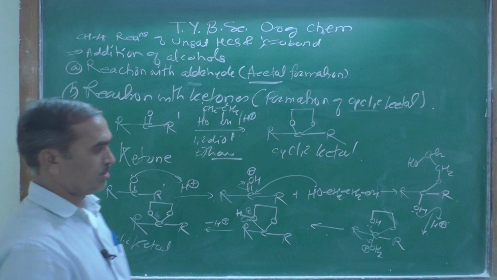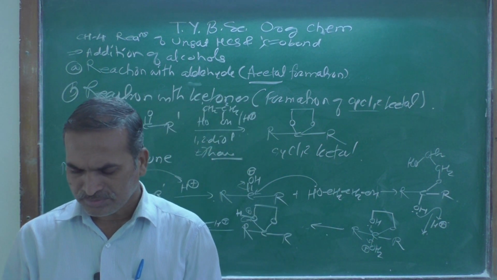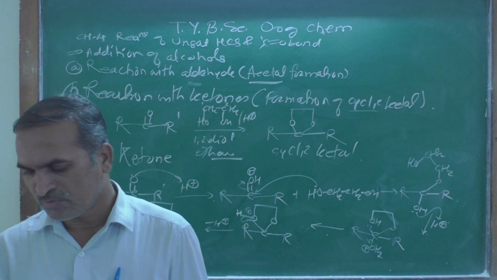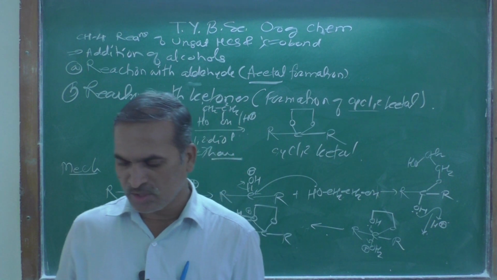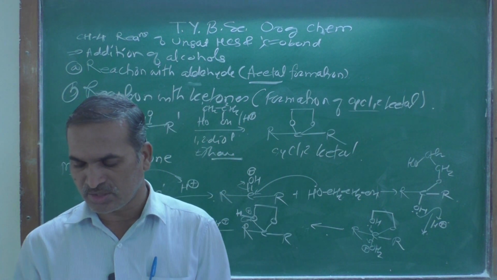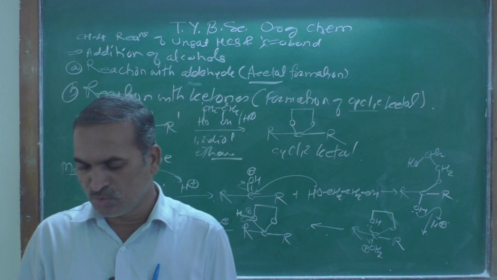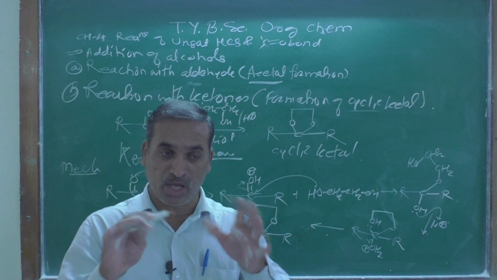So this is a compound called a cyclic ketal, and the formation of cyclic structures finds importance in the sugar industry because these cyclic structures are interconvertible and give rise to the phenomenon called mutarotation.